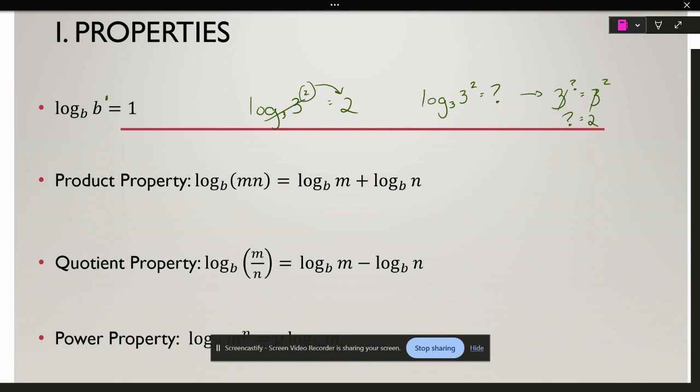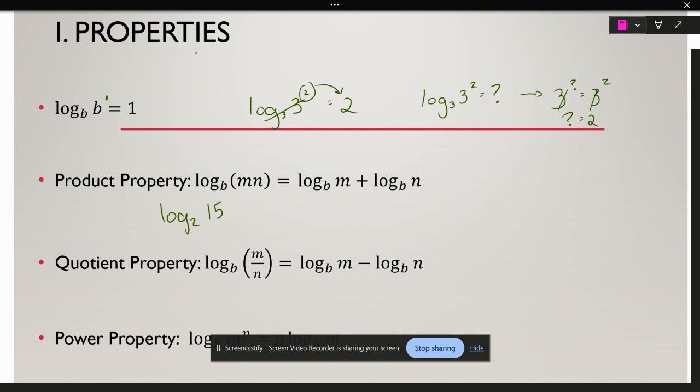The next thing is called the product property. If you have two numbers that are multiplying, or even one number that multiplies to give you two numbers, you can split it into two separate logs, and vice versa. Here's a great example: you've got log base 2 of 15.